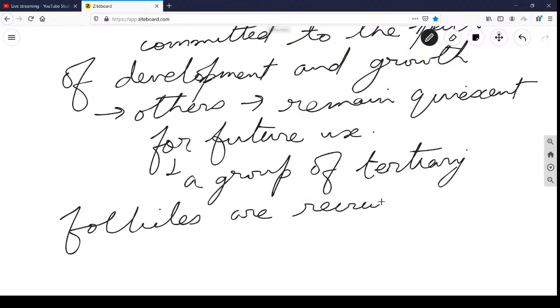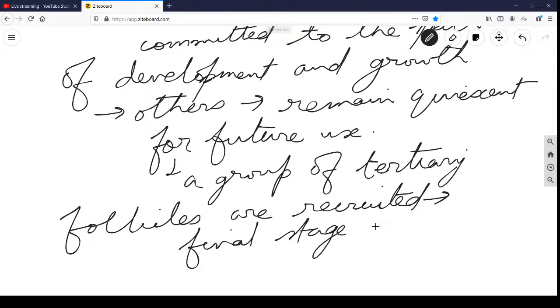Graafian follicles are recruited into the final stage of growth in preparation for ovulation. But now there is a specialized thing that is happening.